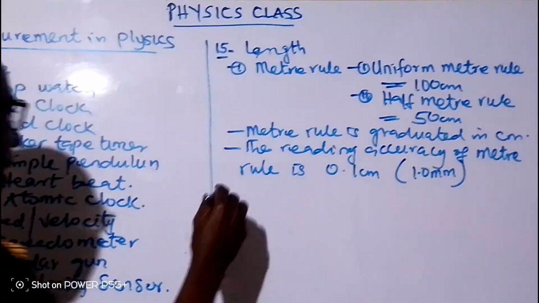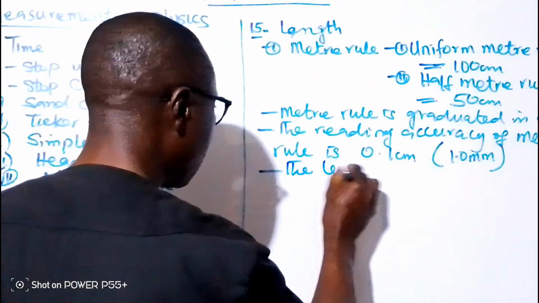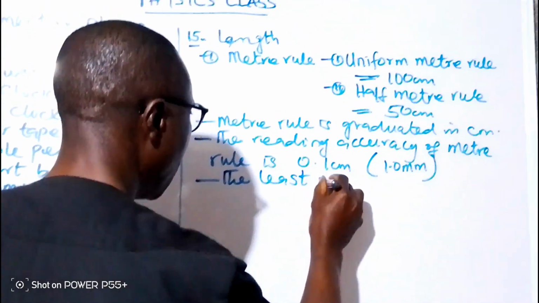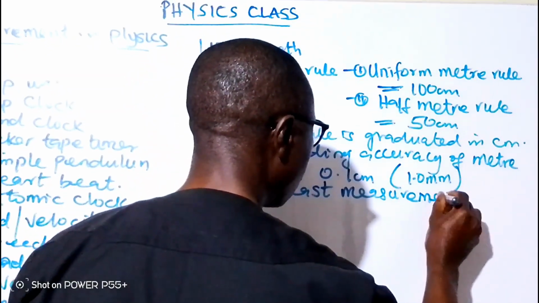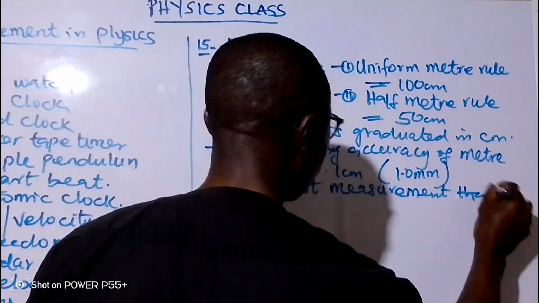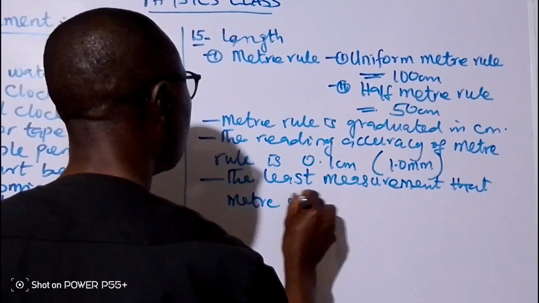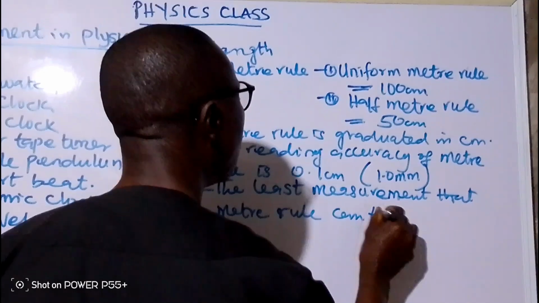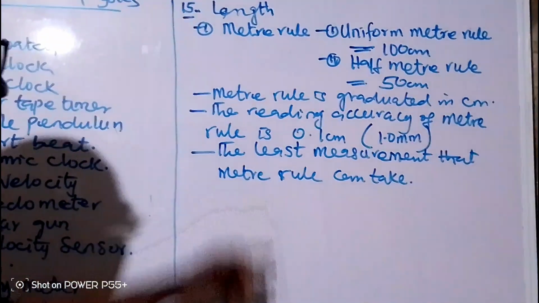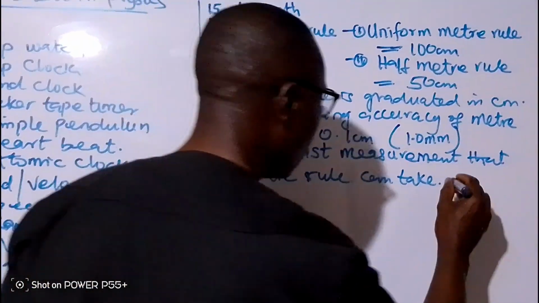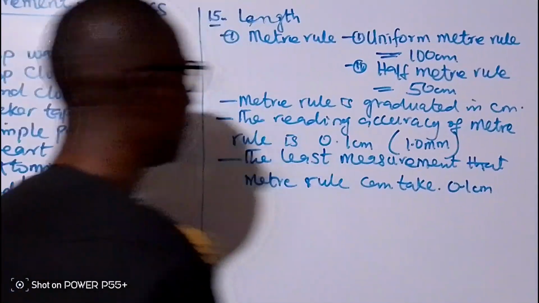Or in another way, it can also be called the least measurement that meter rule can take. When you are using meter rule, the least measurement that you can measure is 0.1 centimeter.